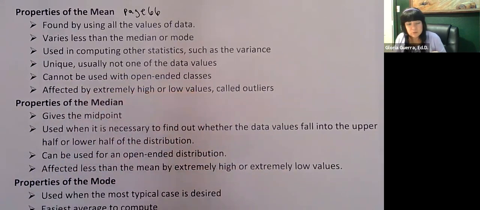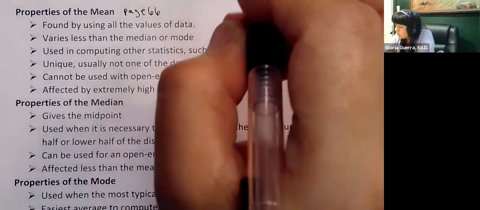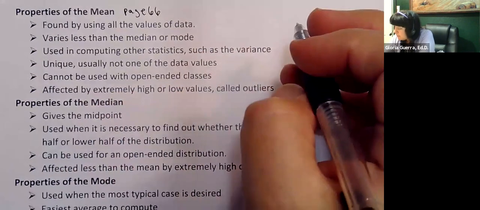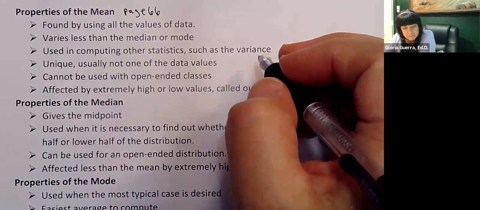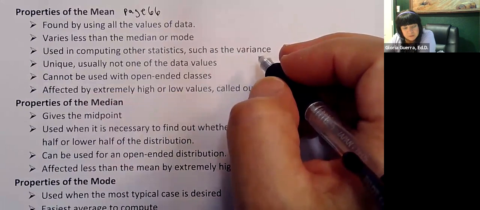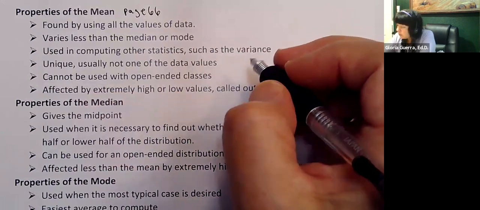Okay, yes, that's true. And let's see if I had an example. I did have an example of an open-ended class. This is because it creates problems in the calculations.